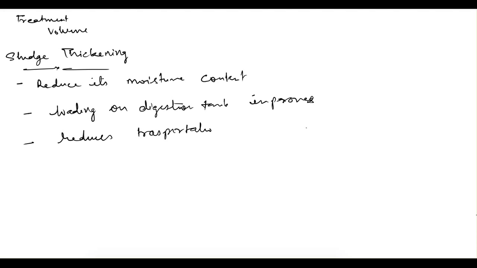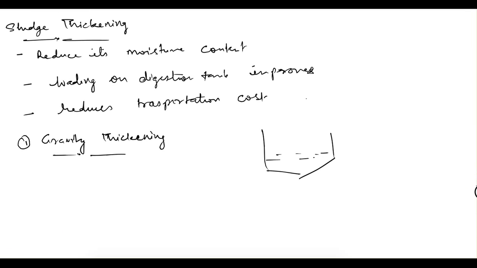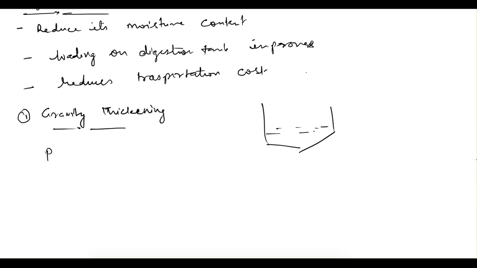There are various methods for sludge thickening. The first is gravity thickening. In gravity thickening, simply a tank is provided in which the sludge can settle. This method is suitable for the sludge obtained from the primary sedimentation tank, because the solids in this sludge have higher specific gravity.